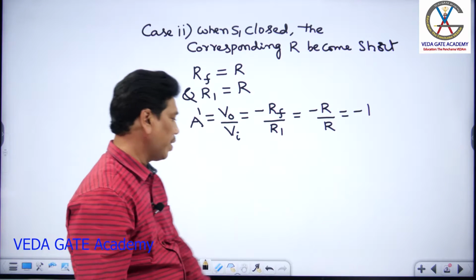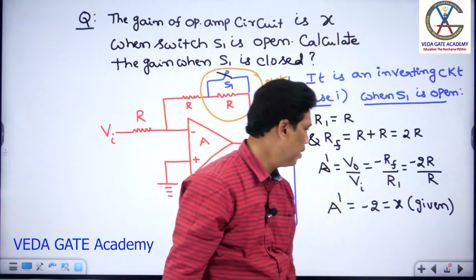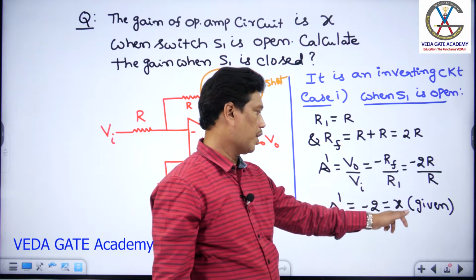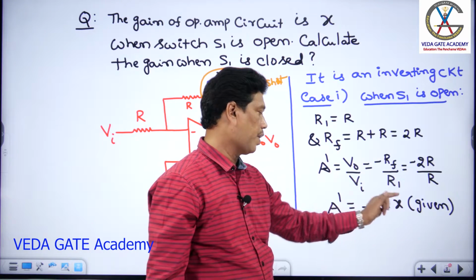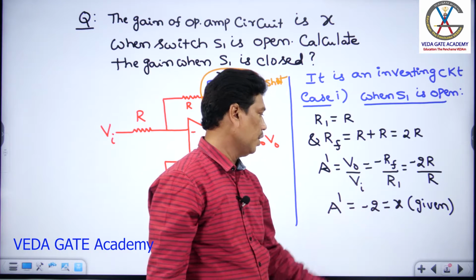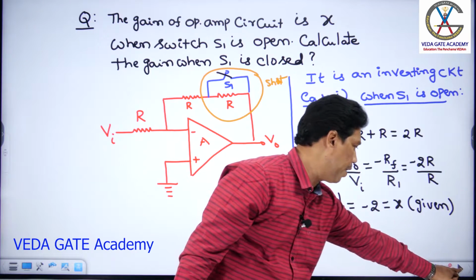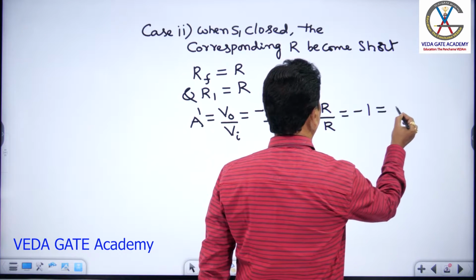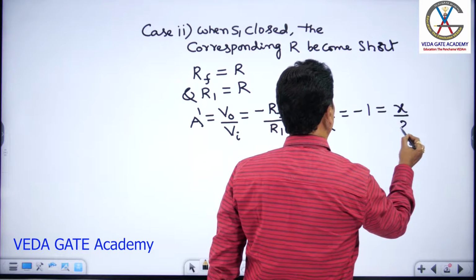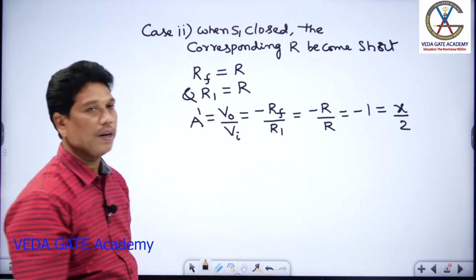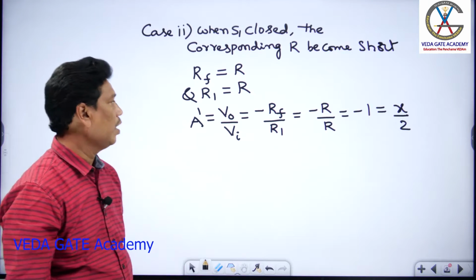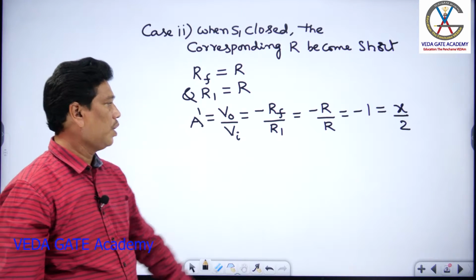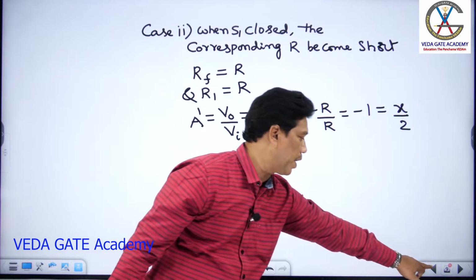So in the previous case, closed loop gain is minus 2, which he indicated as X. Now here you get minus 1, so it becomes X by 2.